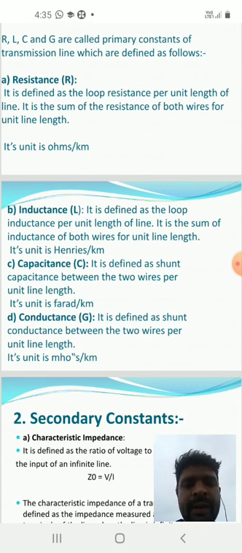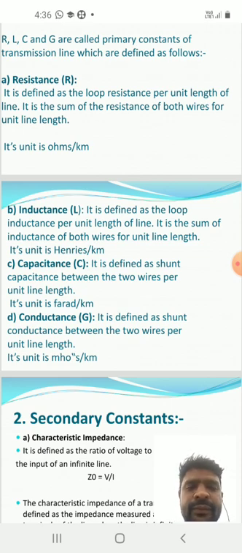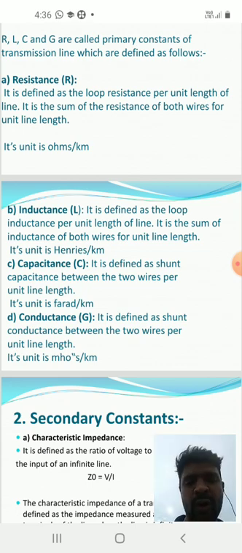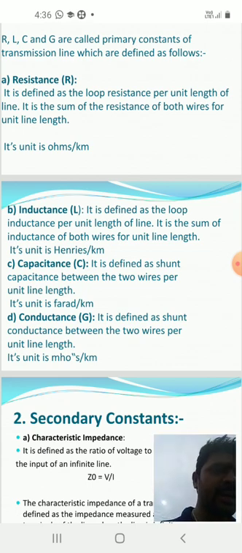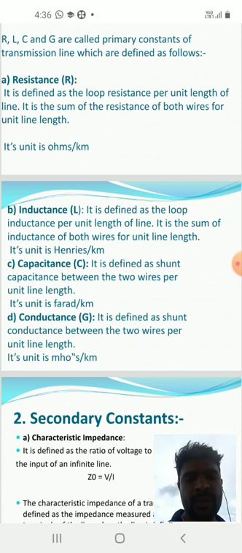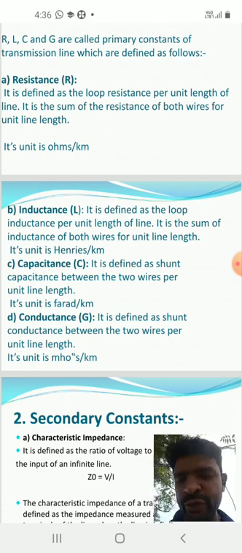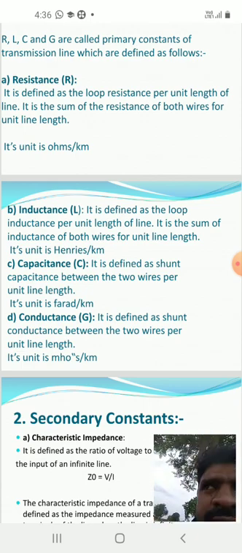So it is the shunt capacitance for unit line length between the two wires. Here capacitance and conductance are in parallel. So its unit is farad per kilometer.